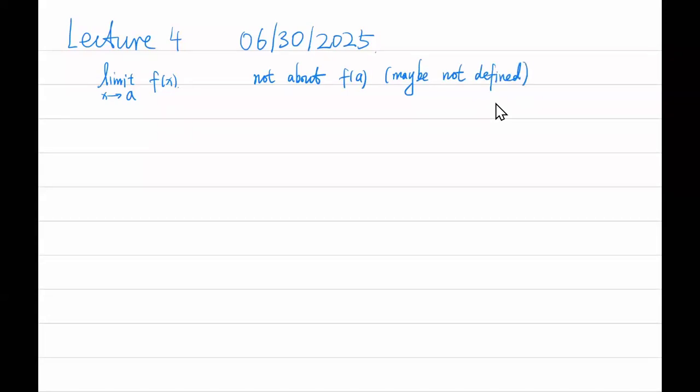It's about the trend when X approaches A. Then we give an application of this limit.